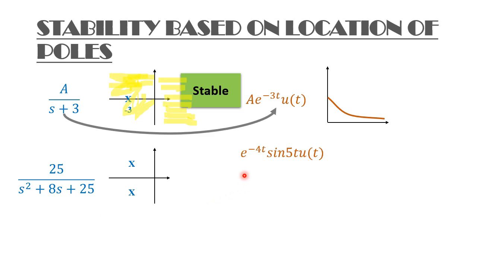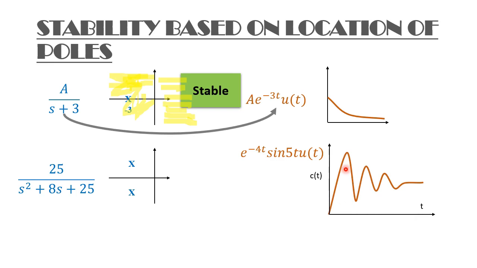Laplace inverse is given as e raised to the power minus 4t sine 5t u(t), and the graphical representation of this time domain function is like this, a decaying function. So as we have seen in the previous slide, this type of system, settling towards a point, is a stable system. So this system is also a stable system.